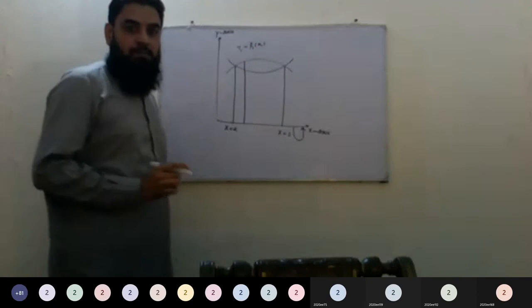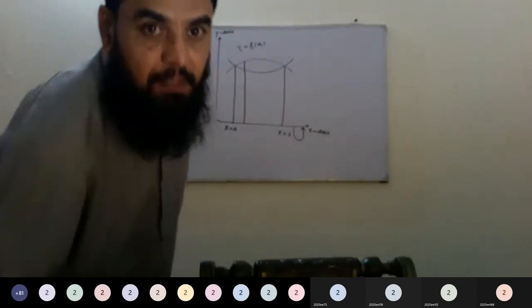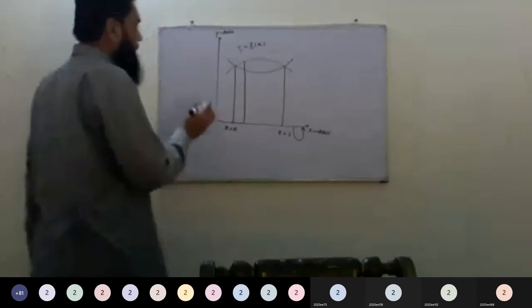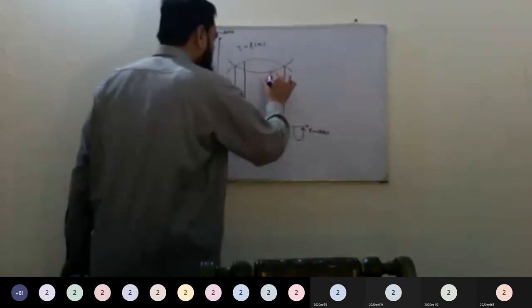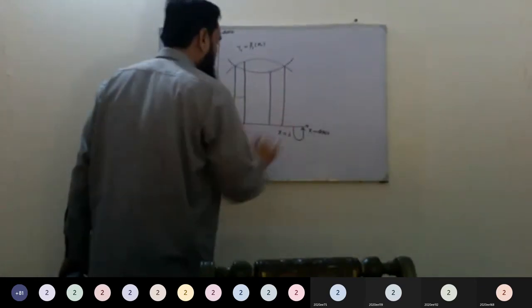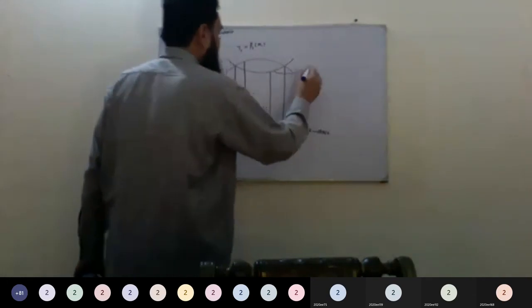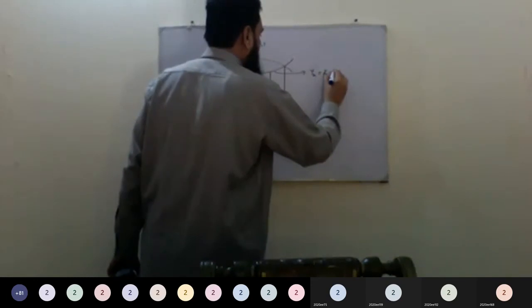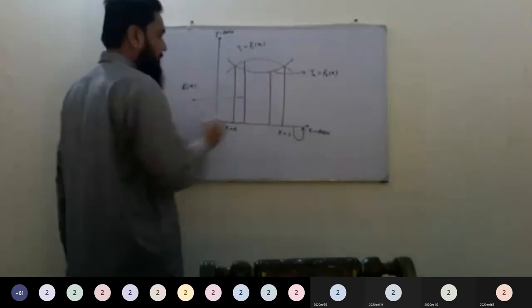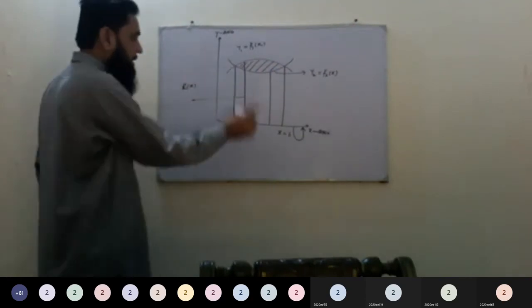And if you label that, for example, R of x, capital R, that radius is going to be capital R. And for the lower curve, that one is basically y2 is equal to f2(x). Two curves are there, the upper curve and the lower curve. So we are talking about this region to be rotated about the x-axis.